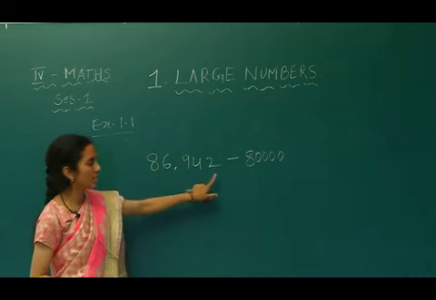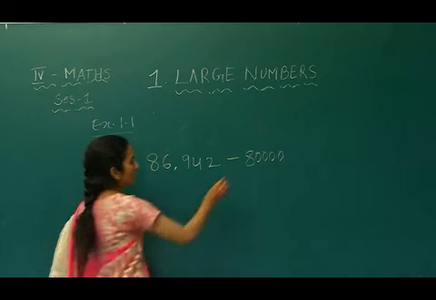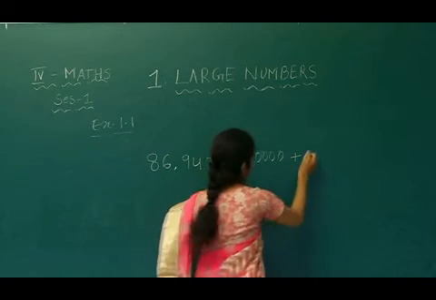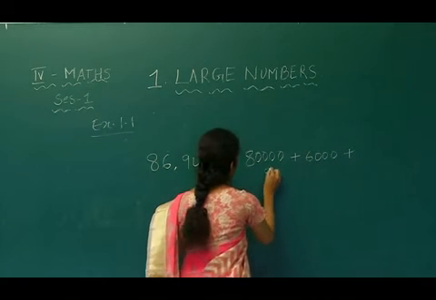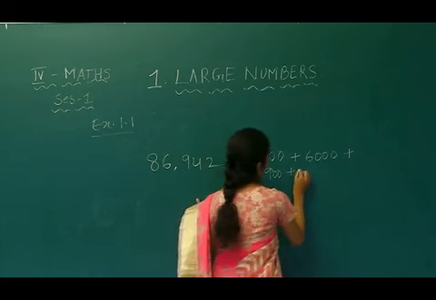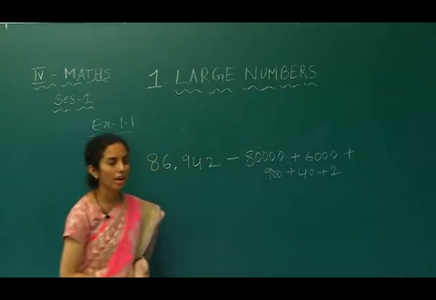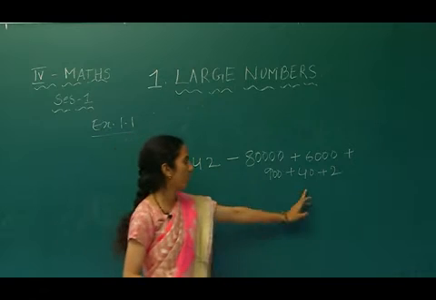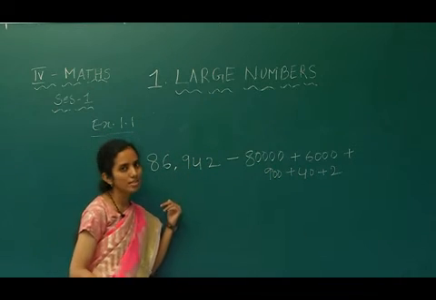After 8, how many digits are there? 1, 2, 3, 4. 4 digits are there. So, put 4 zeros. 80,000 plus 6,000 plus 900 plus 40 plus 2. Even if you add this, you will get the same number.